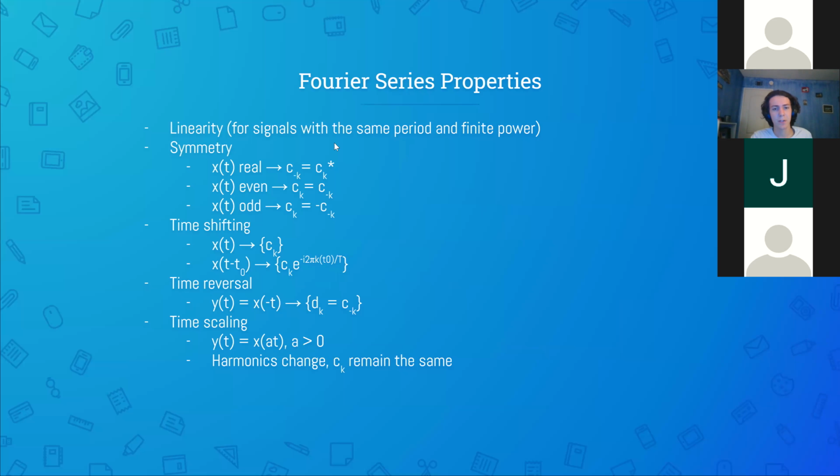But if you use exponentials, what you'll see is that if x of t is a real function, then c of negative k, so that is to say where all the frequencies are negative, is the same as c of k star. So what that means is that it's equal to the complex conjugate of the real coefficients.